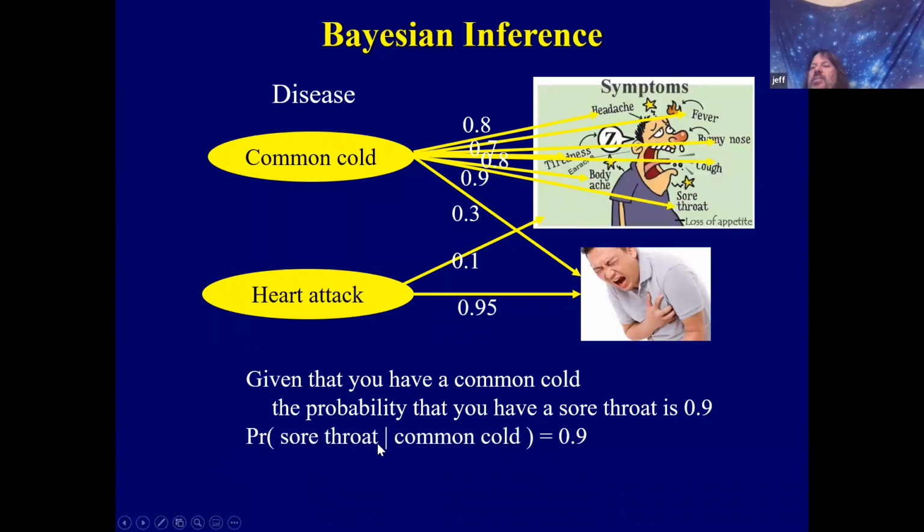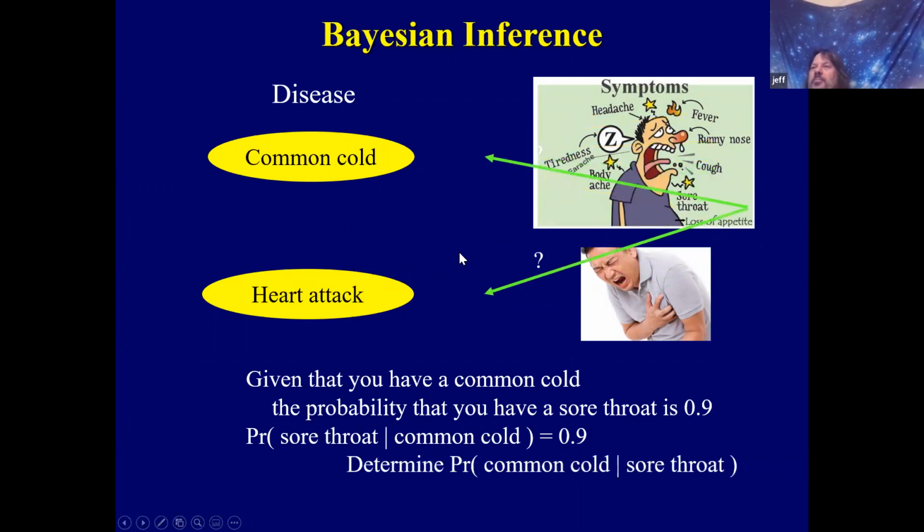And so this is written as what's the probability I have a sore throat conditioned on the fact that I have a cold. Similarly, you can say if I'm having a heart attack, what's the probability that I have a sore throat? And these numbers are all made up by me, so don't think they mean anything.